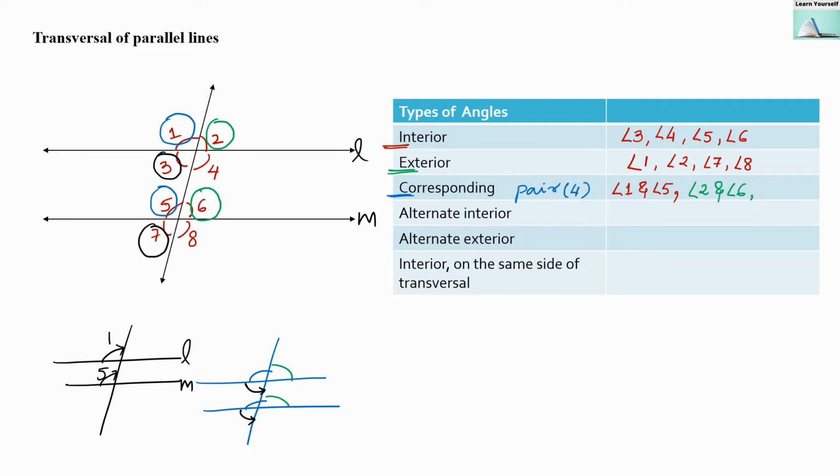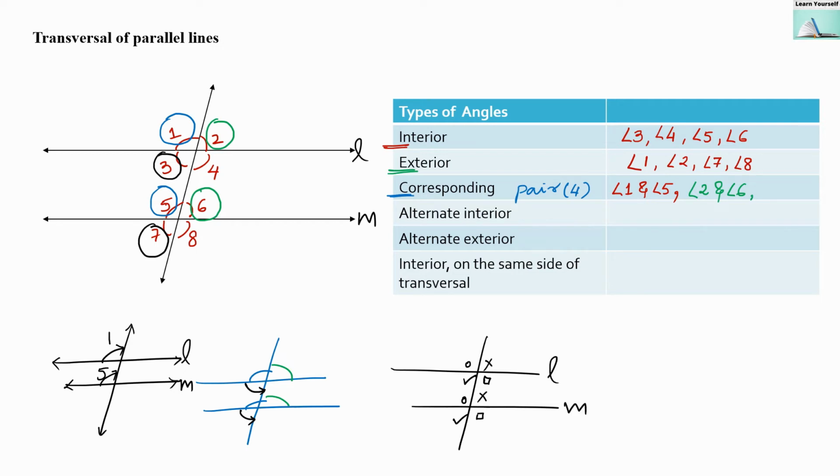So we have to look for the same position of the angle for both of these lines, line L and line M. You have to see where the positions are matching. This position and this position are the same, this and this are the same, this and this are the same, and the last one, this and this position are the same. So this is a pair of corresponding angles.